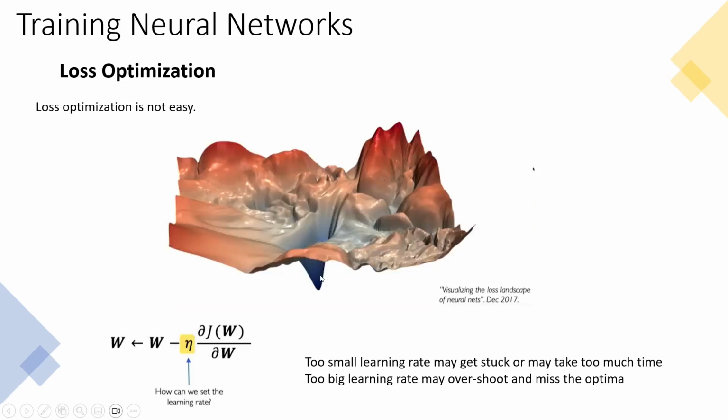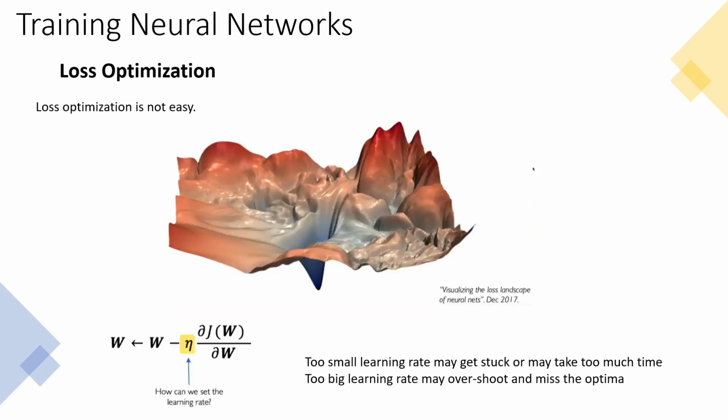But if we use too big a learning rate, we may overshoot and miss the optimal. Let's say we are here, okay, and somehow we are going in this direction, and our learning rate is too high, so we came here, and then we jumped over here. We jumped over the global minima. If you use too big a learning rate, the training phase doesn't take too much time.